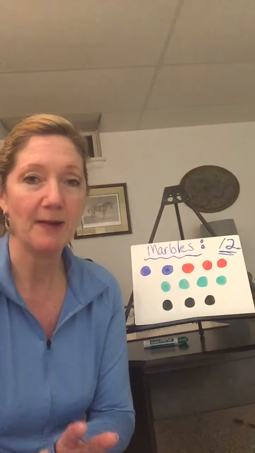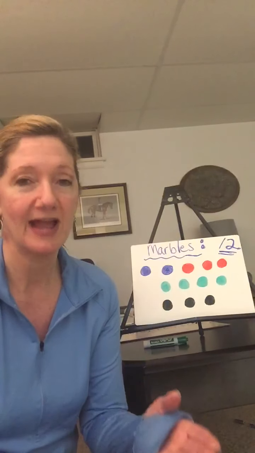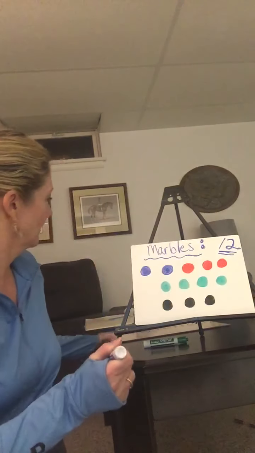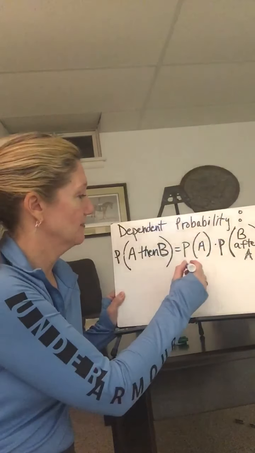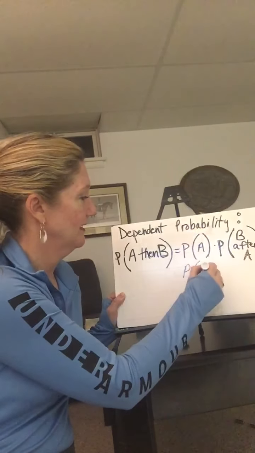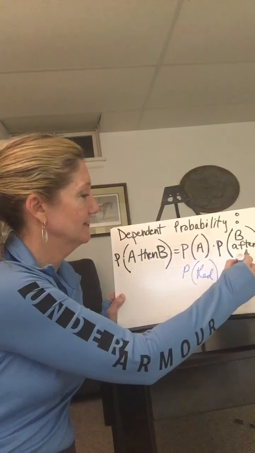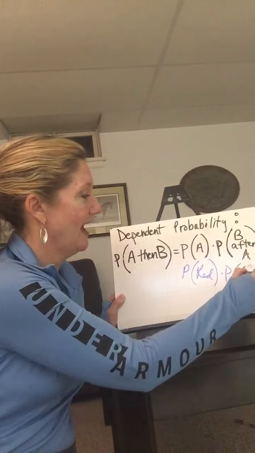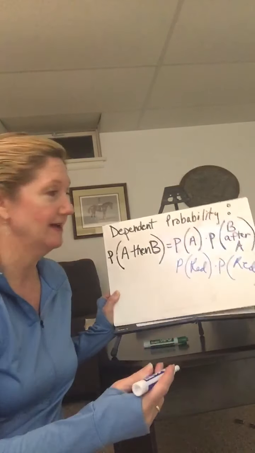Okay, so we want the probability that we are going to draw out a red and then a red. So if we write that in our formula here, it's going to be the probability of a red marble times the probability of another red after the first one and after we set it aside.